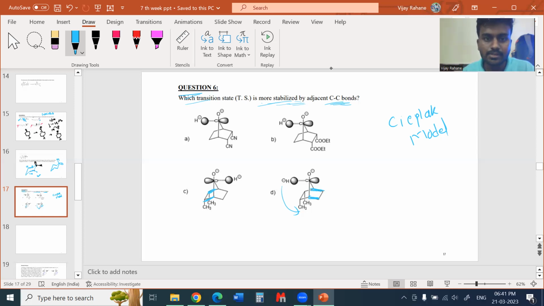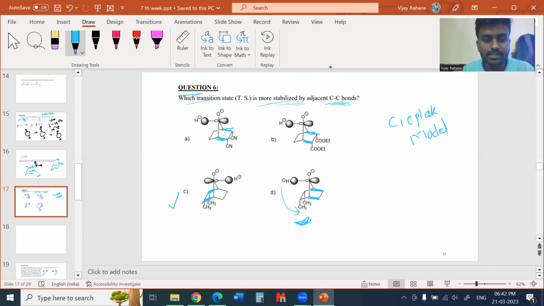Similarly, here also, you see the stabilization by this carbon bond, and here it will be the same. But here electron withdrawing groups are there, so obviously this carbon-carbon bond will be electron deficient, so there will not be that much stabilization. But if you compare these two examples, there is an electron donating group like methyl, but the problem is that here methyl is on the opposite side, it is not in favor.